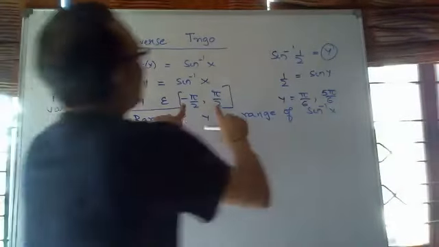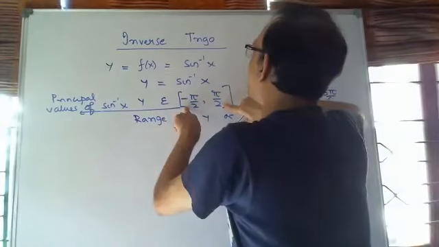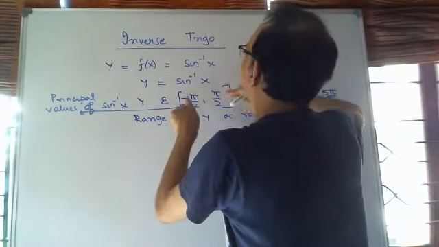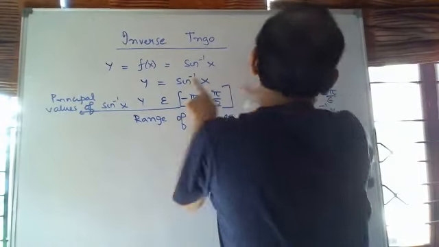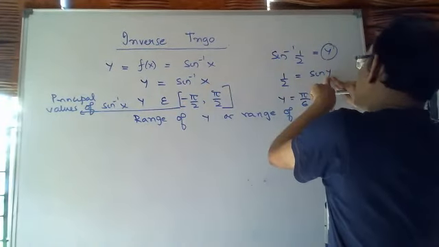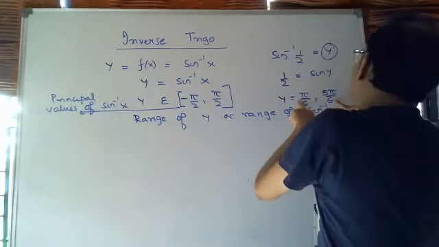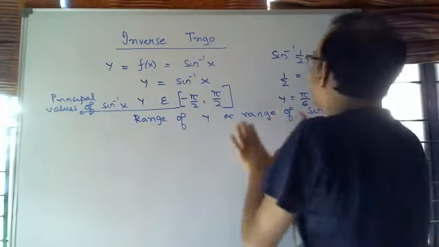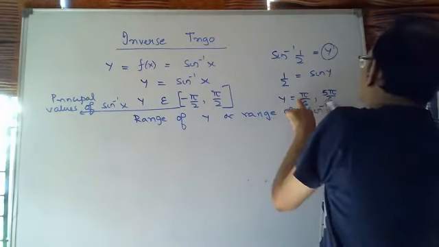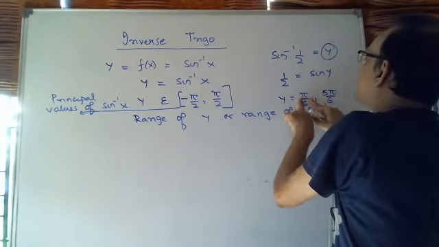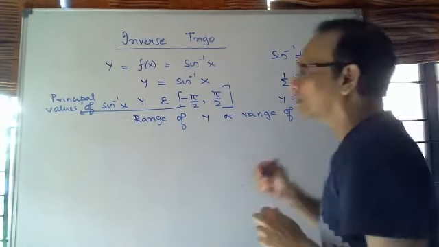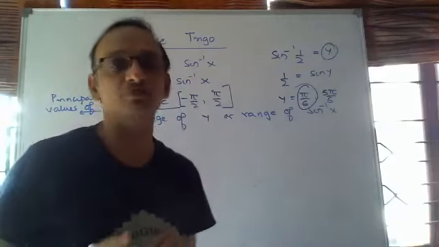Sine inverse x will produce output that will always lie in this interval. Although theoretically, sine y, which is sine inverse x, can have various values, amongst these we take that one value which lies in the interval, in this case pi by 6, for example. That is the one that lies in the interval minus pi by 2 to plus pi by 2.